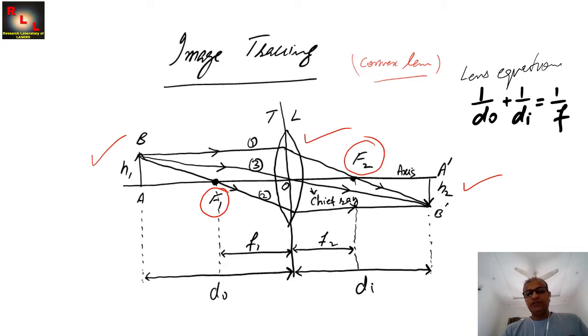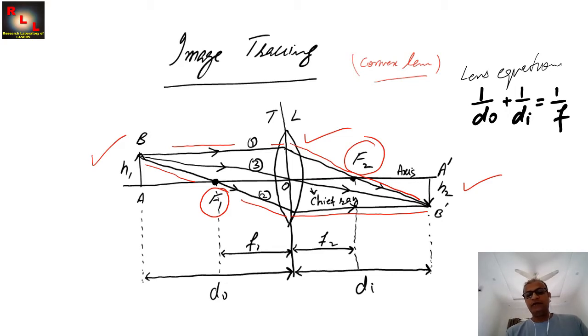The first ray goes from point B to the lens, and from the lens it is refracted and passes through F2, the focal point on the image side. The second ray first passes through the focal point, then the lens, and moves all the way to the point B prime where the image is formed.